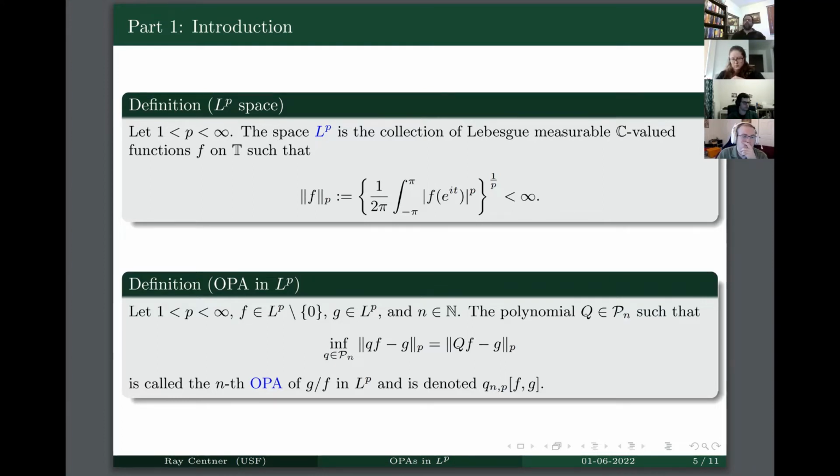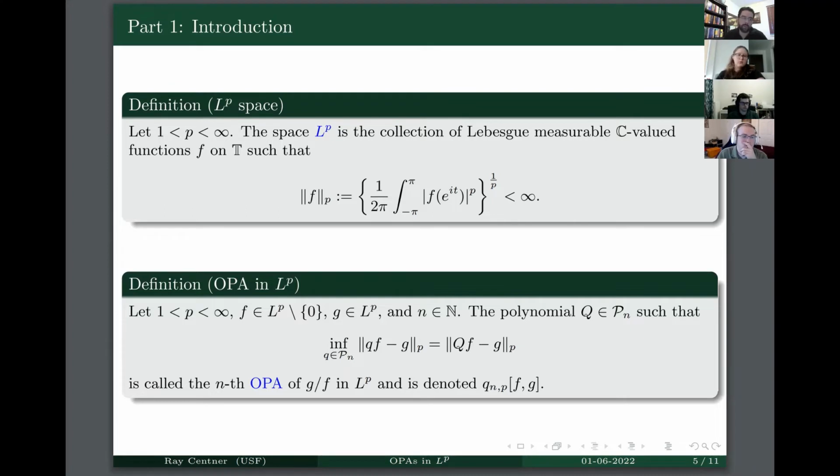Uniqueness is slightly different, but that's one of the reasons why I'm restricting P to not include 1 and not include infinity. In that case, we have LP being strictly convex, so we can automatically guarantee that this best approximation is unique.